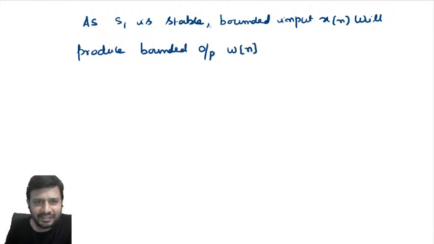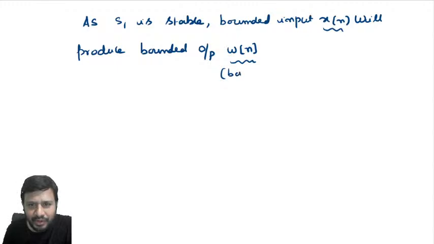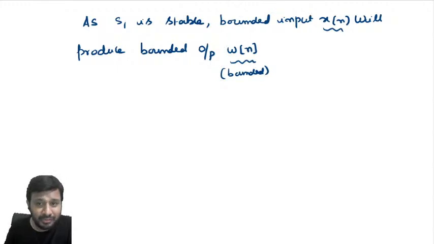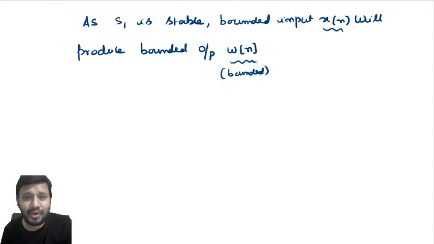He said that both the systems, S1 and S2, are stable. So as S1 is stable, bounded input x of n will produce bounded output w of n. Means w of n is bounded. Now this w of n is applied to S2. So as S2 is stable, this bounded input will produce bounded output.